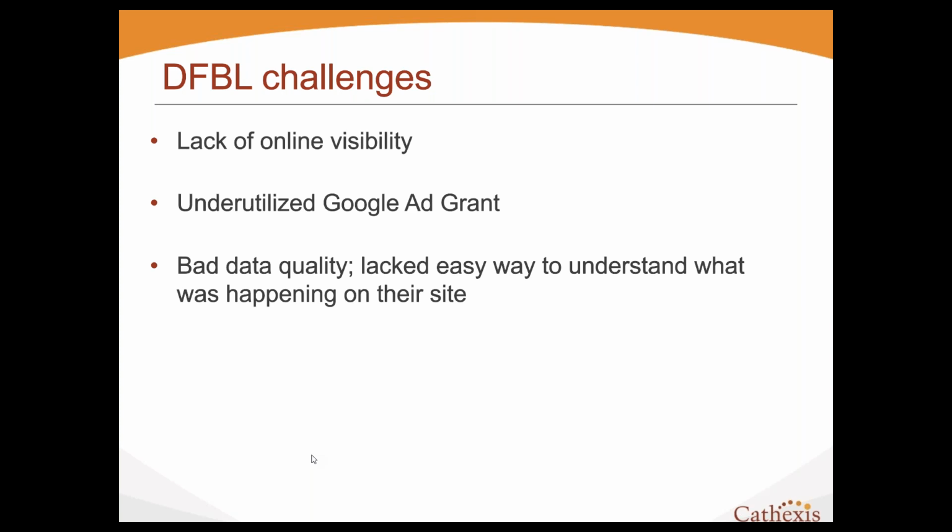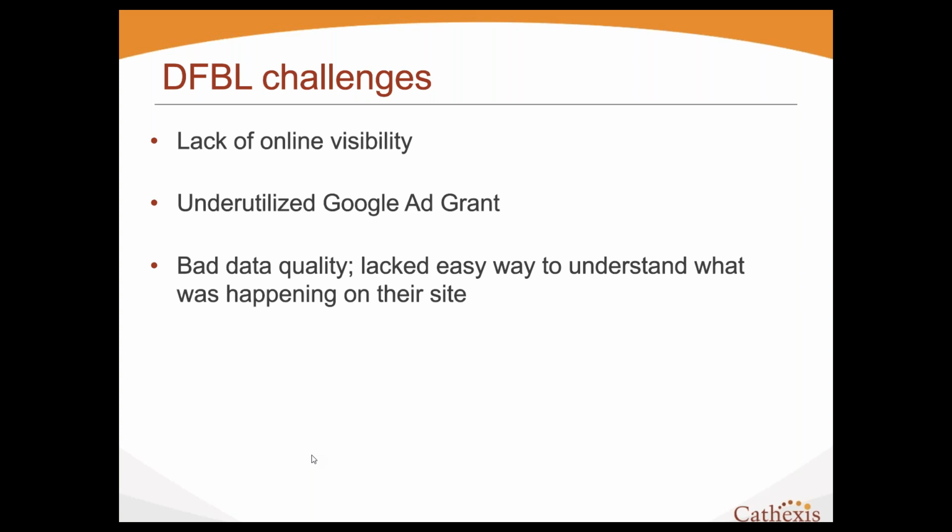And Dogs for Better Lives came to us, and they had a lack of online visibility. They knew that there was a problem. They knew that part of the problem was that their Google grant was very badly underutilized. With the Google grant, you get $10,000 per month of free advertising.